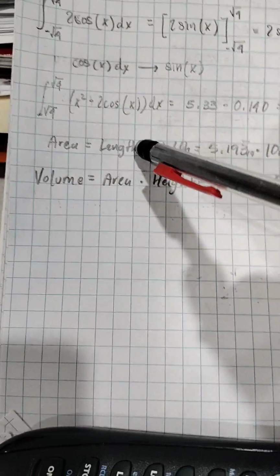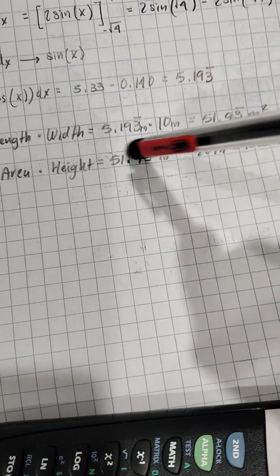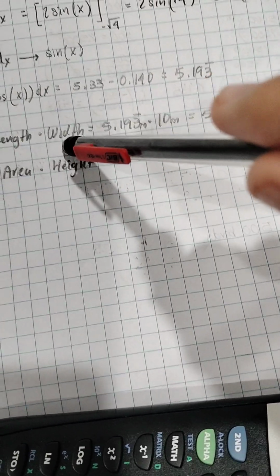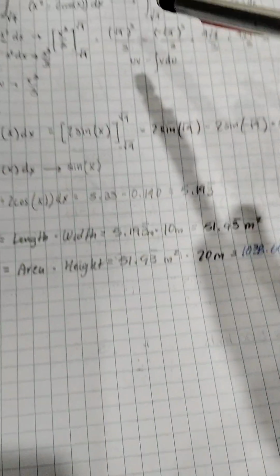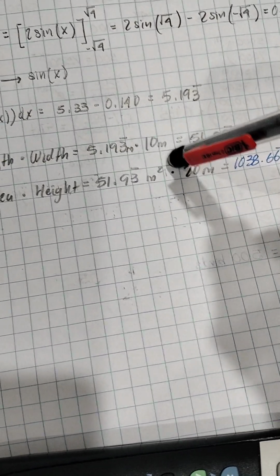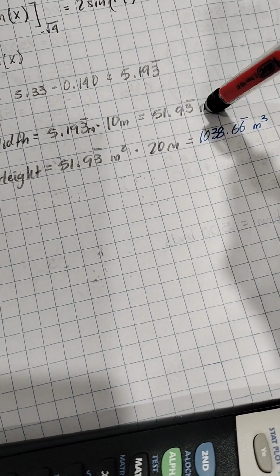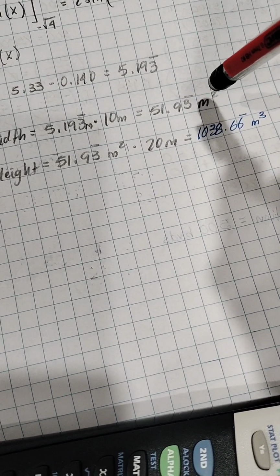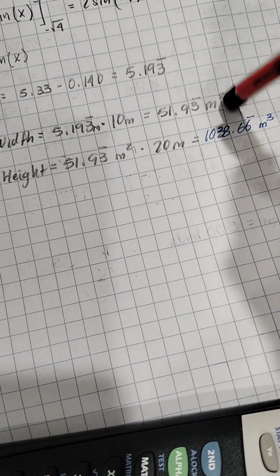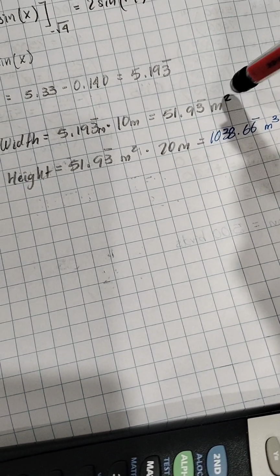For the area, we multiply the length, which is this one, by the width, which is 10, and the result is like this. We can leave it here because it's the area, but the problem requires the volume.